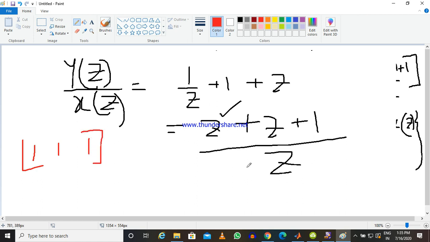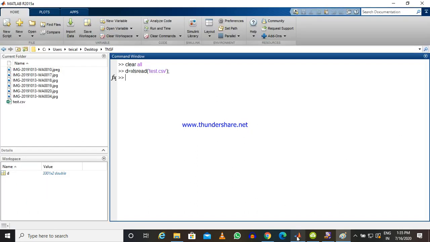Sorry, the denominator will be 1 3 there, and the numerator denominator should be 0 3 0. So this is the transfer function representation. Now it has come.